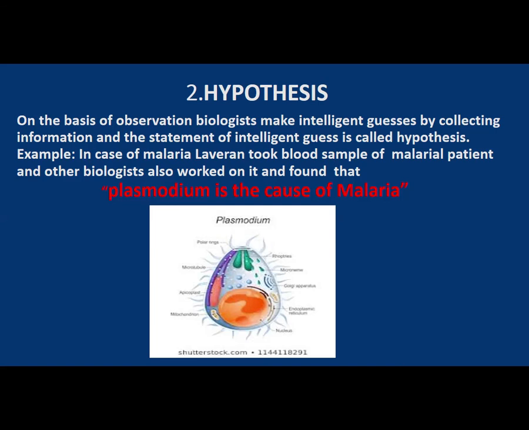We will take the same example of malaria. Laveran took blood samples of malarial patients, and other biologists also worked on it, and they found that Plasmodium is the cause of malaria. So this is only a guess.